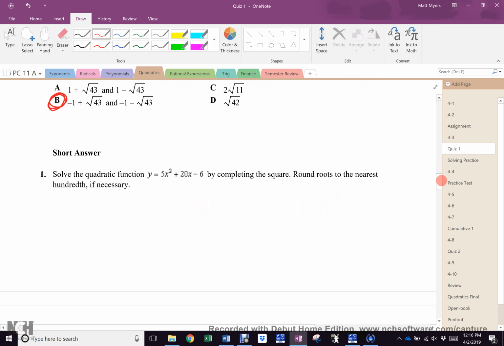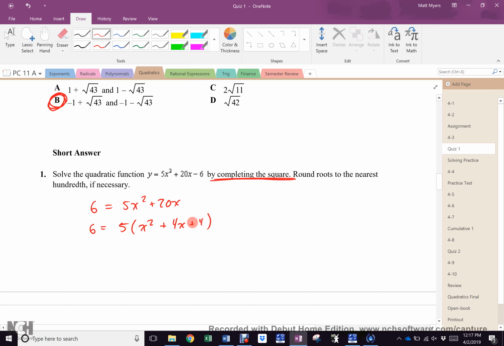And this one, since I wanted you to complete the square, so it becomes 6 equals 5x squared plus 20x. Then you would do 6 equals 5 times x squared plus 4x. Now, half of that is 2, squared is 4.